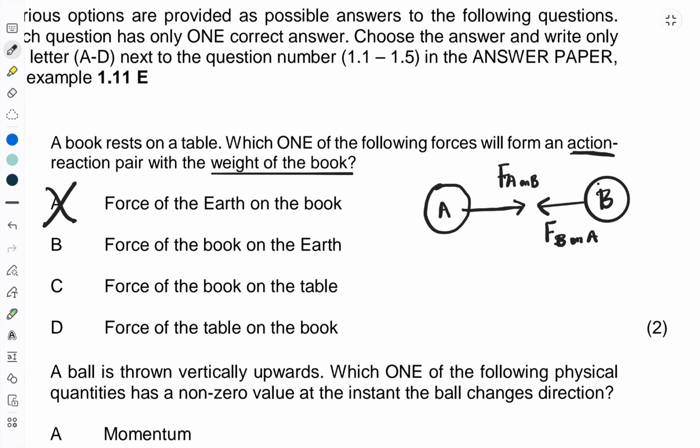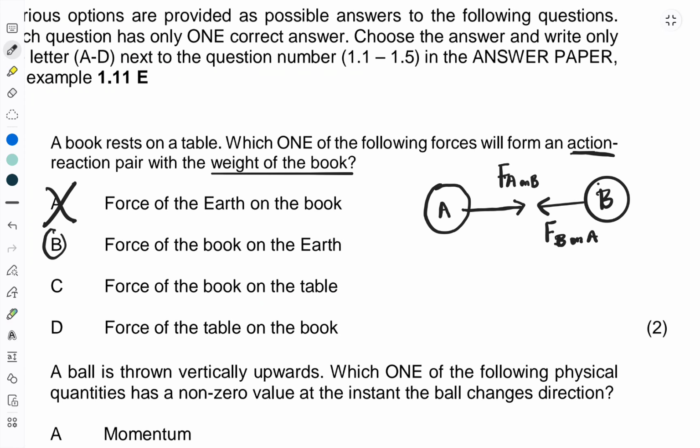That can only be achieved by number B. So our correct answer here is number B. We can continue and check C. Force of the book on the table, that one won't work because that is a new action-reaction pair. That's a contact force now. Remember, the gravity force that the Earth exerts on the book, which is the weight, is not a contact force.